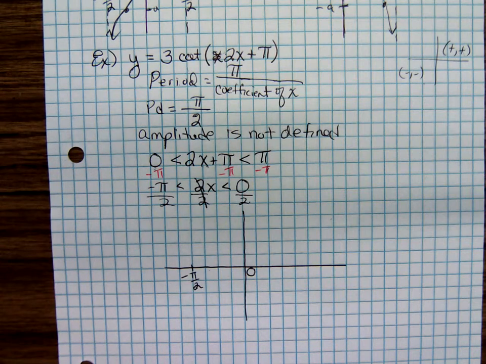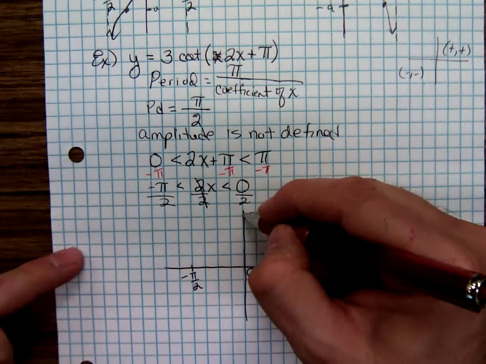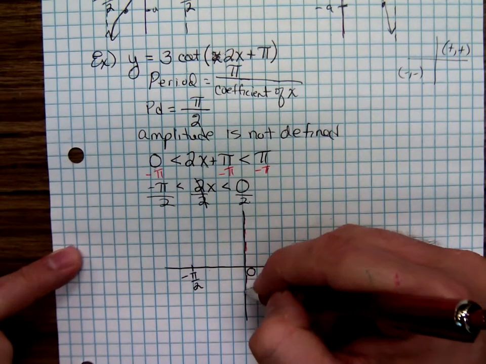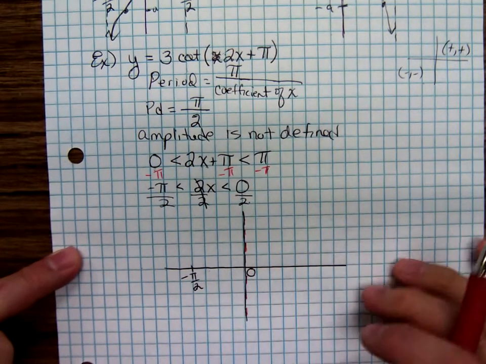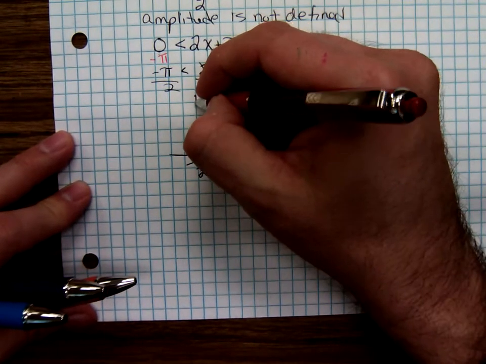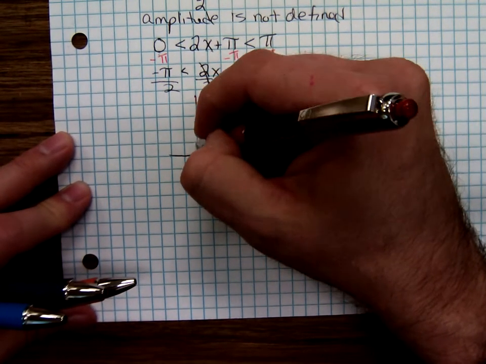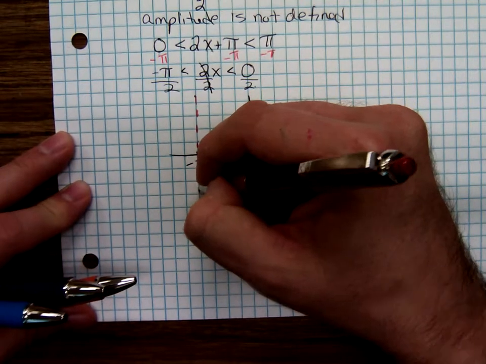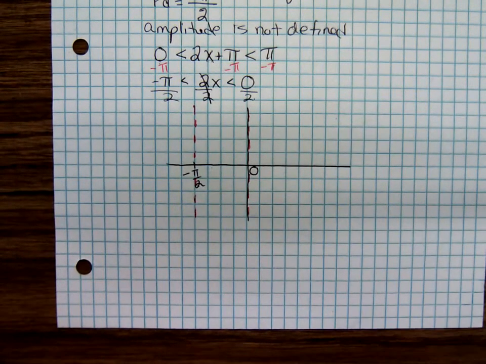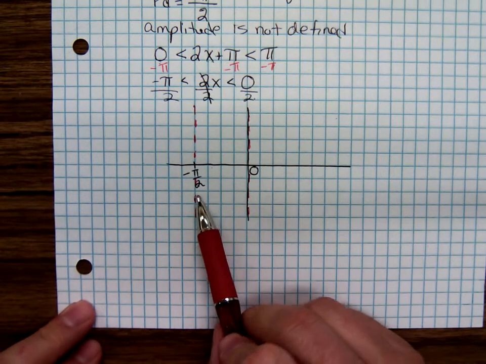So there's going to be an asymptote at negative pi over 2 and at 0, which is the y-axis. It's going to be sort of hard for me to show the dotted line here on the y-axis. Let me bring this up. And then here I can show it. So this is the y-axis, and here's negative pi over 2.